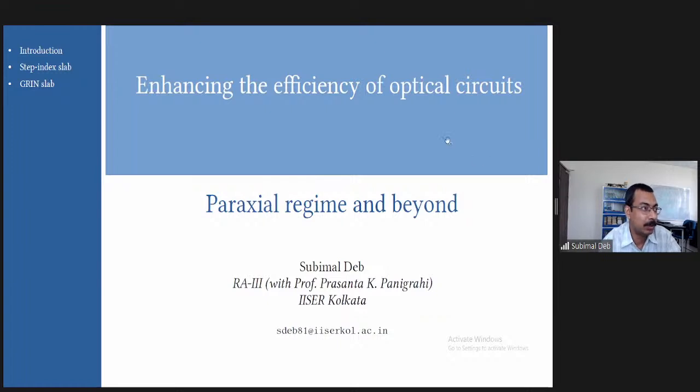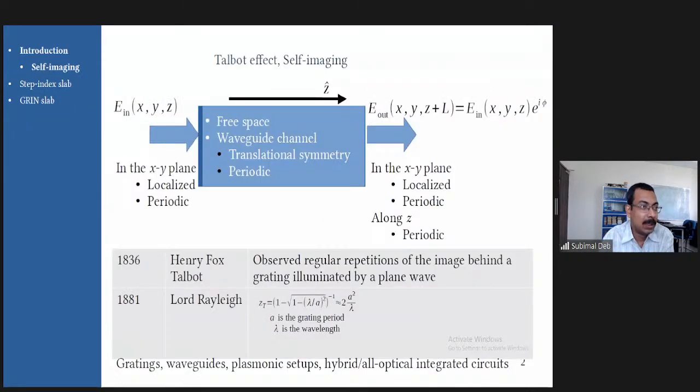That we will be using when we discuss the step index slab. And after that, I would discuss the results we have for the step index slab, and then move on to the results of the graded index slab, a parabolic index slab, where we will look at self-focusing rather than self-imaging. So let us start with self-imaging.